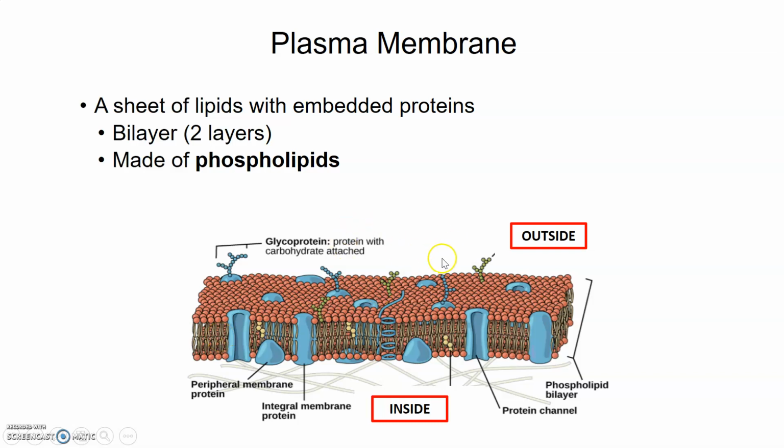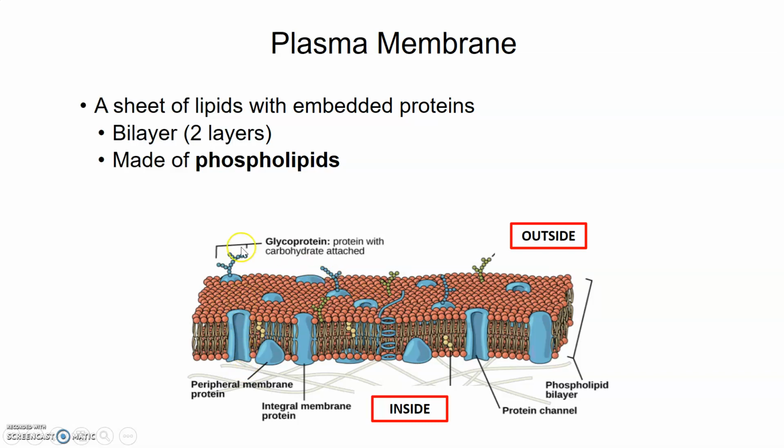And so the way that this picture of the membrane is oriented is this is the outside of the cell here, and this would be the inside of the cell. And you can see this phospholipid bilayer, or this layer of lipids, that does have proteins embedded or basically inserted all the way through it. And those proteins can be seen in blue. And some of them span the membrane and have a hole in them to allow things to pass through that membrane.